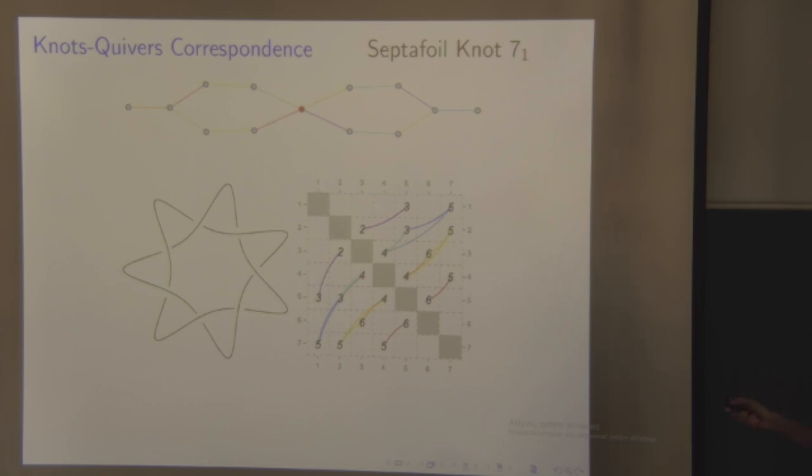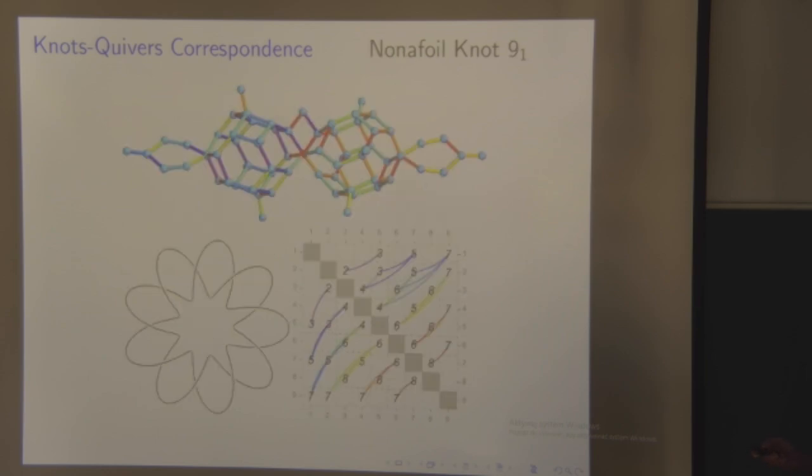And you can already see that the number of quivers that can be associated to the 7-1 knot is more involved than for 3-1, 4-1, and so on. It just keeps growing and growing and growing. Already for the nonafoil knot, 9-1, you can see a pattern starting to emerge.